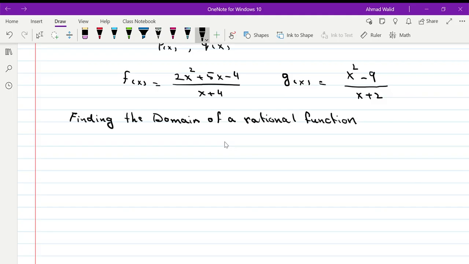To find the domain of a rational function, you have to set the denominator equals 0.